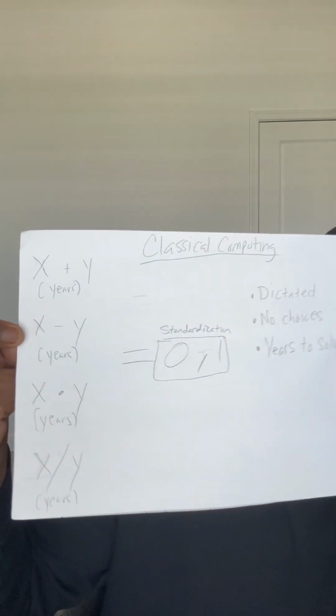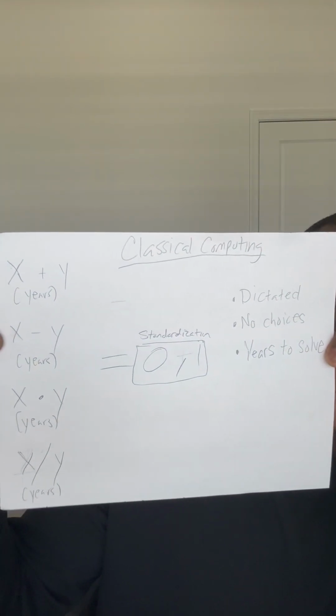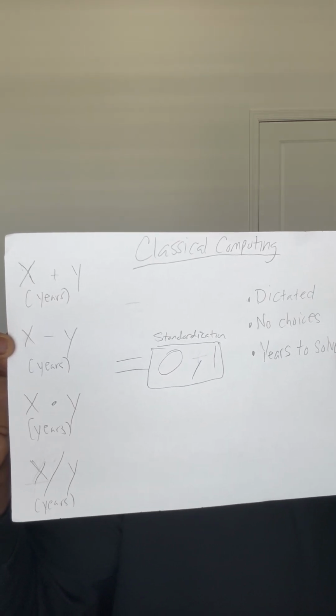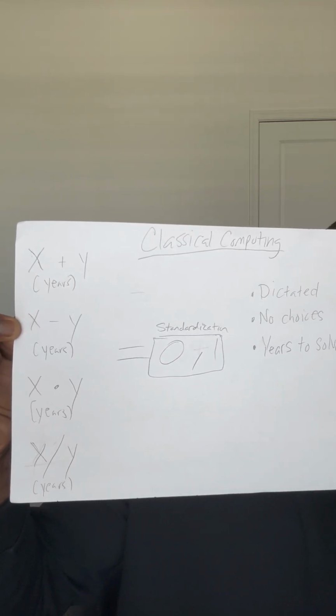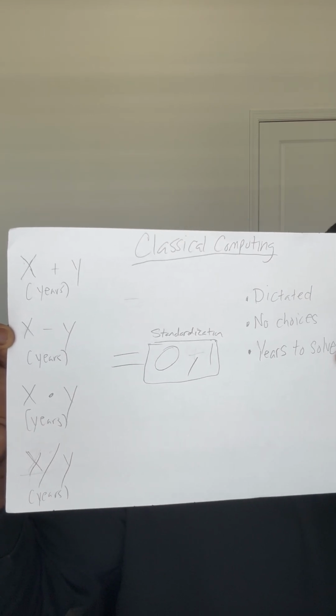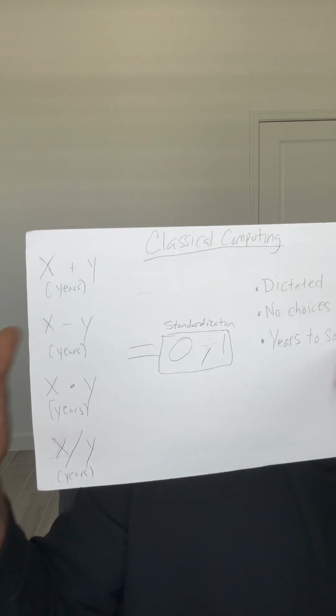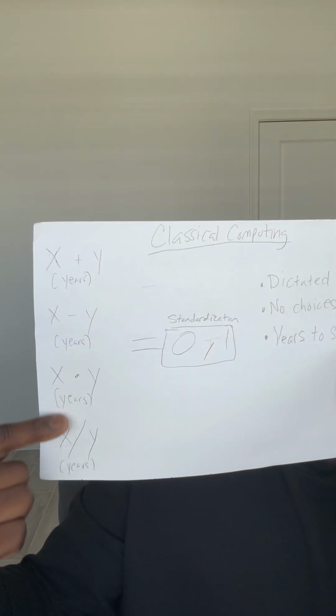So here I have a breakdown of how classical computers solve problems, right? I hope you can read my handwriting. I use X's and Y's because that's basically the standard, and you get clearly what I mean by this: no matter what the problem is, I give you 4 examples.